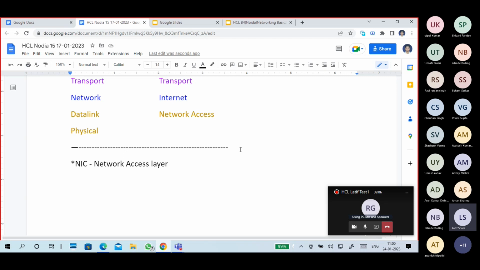Network access layer means the TCP/IP network access layer, not OSI. Otherwise, it's a combination of data link layer and physical layer. Of course, you didn't get a doubt. I expressed the doubt. Okay.